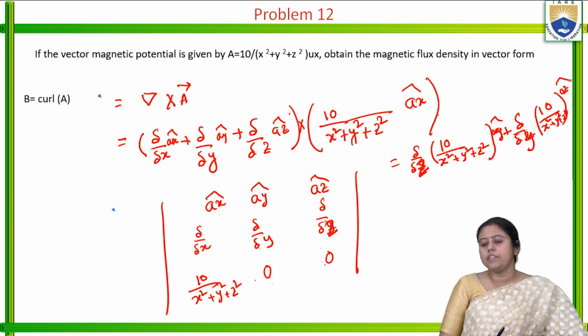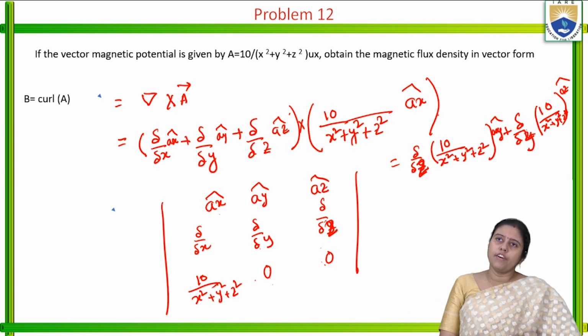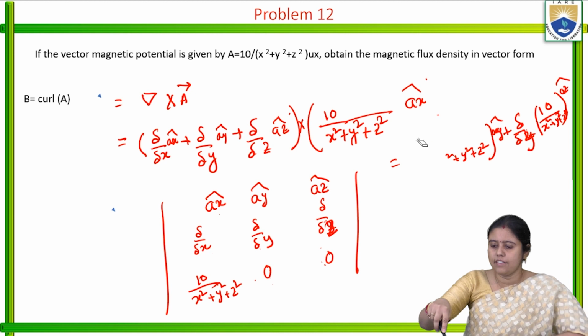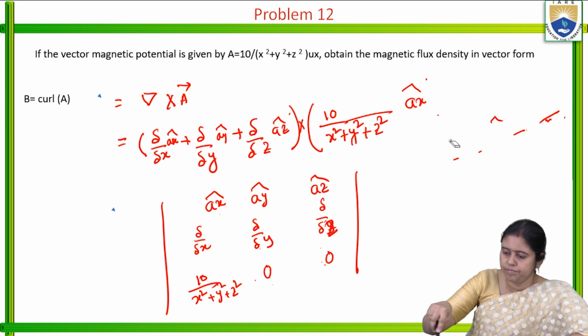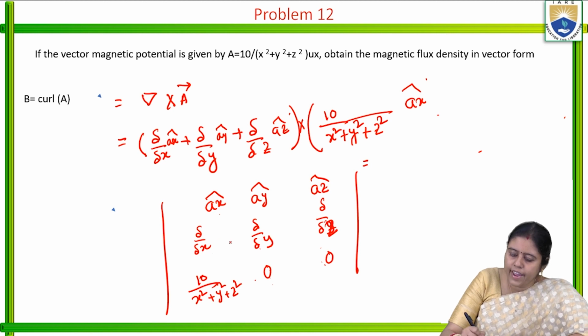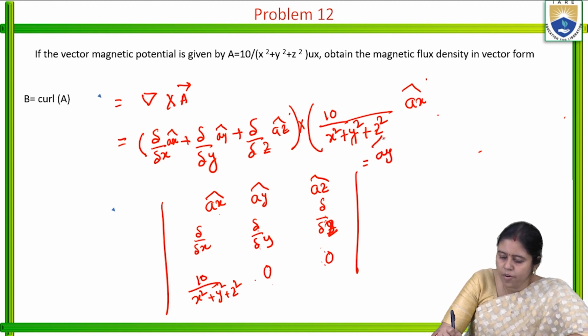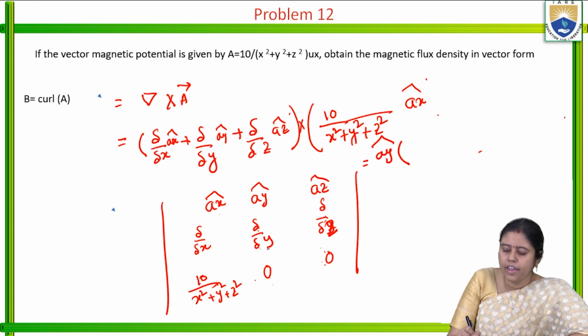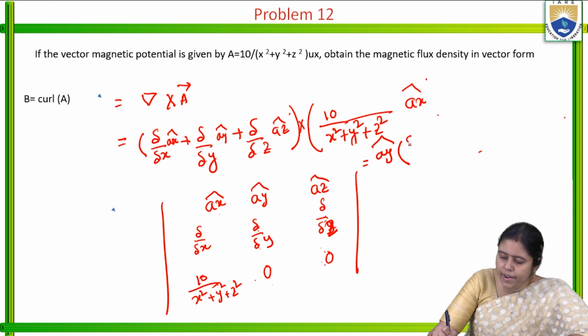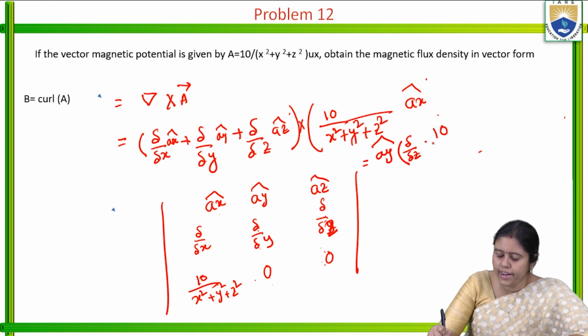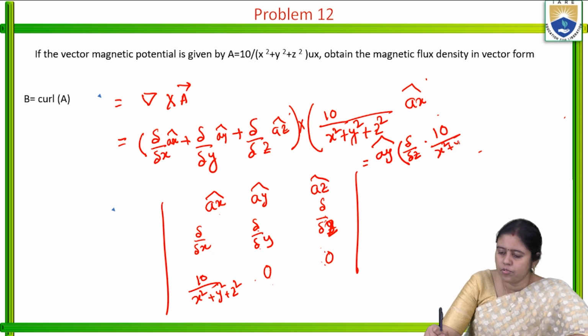So if we solve this equation, if we do this differentiation, we will get it written neatly. So what are we getting? Ax is 0, 0. Next we are getting ay. What is ay? Ay means del by del z into 10 by x square plus y square plus z square.